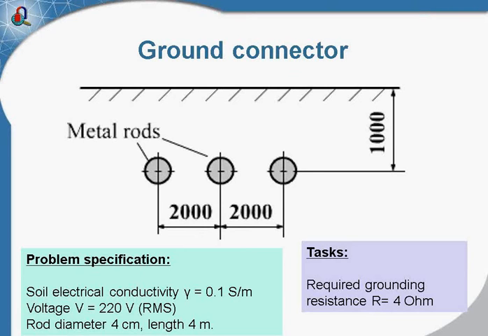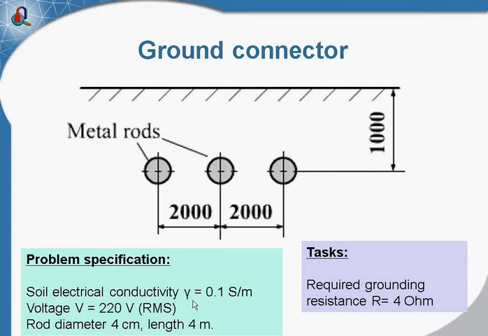Our ground connector consists of 3 steel rods placed in the ground 1 meter beneath the ground surface. The distance between rods is 2 meters. This ground connector is designed with a voltage rate of 220 volts. The rod diameter is 4 centimeters and the axial length of the rods is 4 meters.